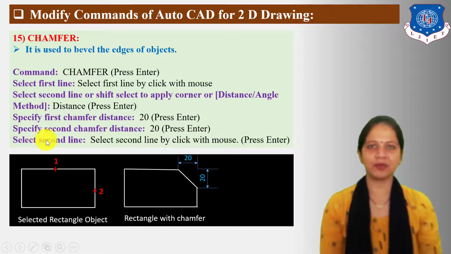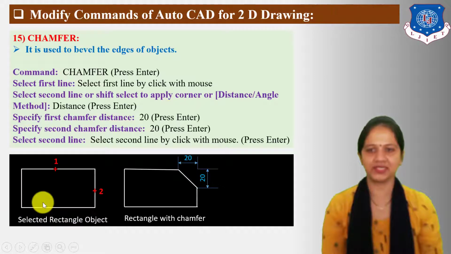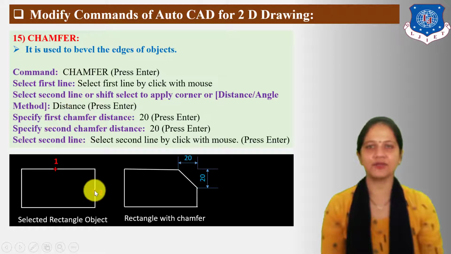Next statement displayed on the command area or bar is select second line. Select the second line by clicking with the mouse, then press enter. Here you can see this rectangle is our selected object. This first point indicates the first selected line and this second point indicates the second selected line.